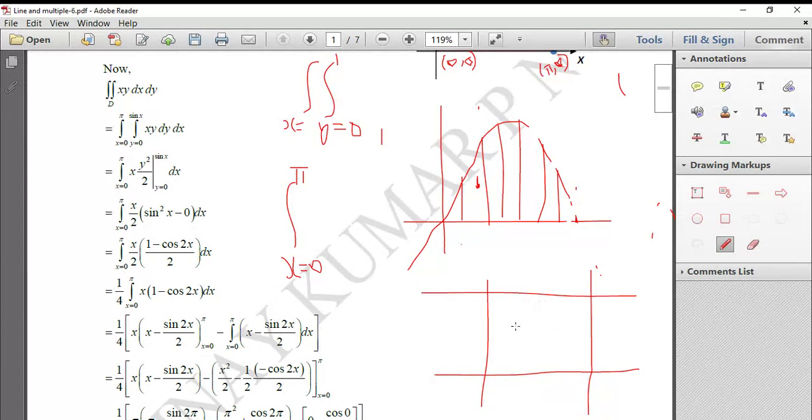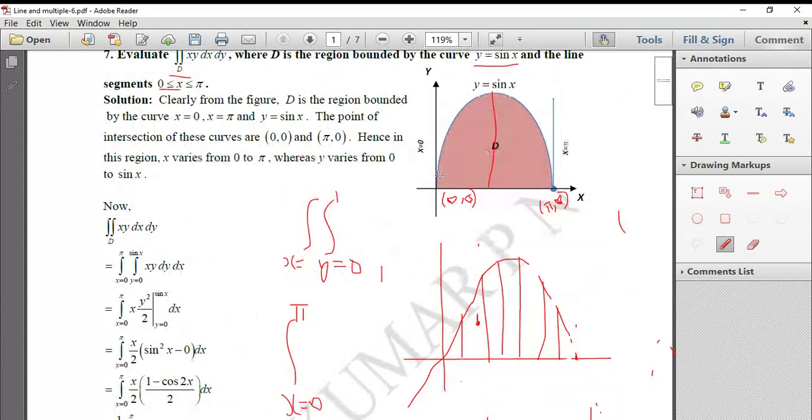But that is not our graph. Our region D is from 0 to pi, and y is equal to sin x. Only the points satisfying y is equal to sin x, or y is less than or equal to sin x.